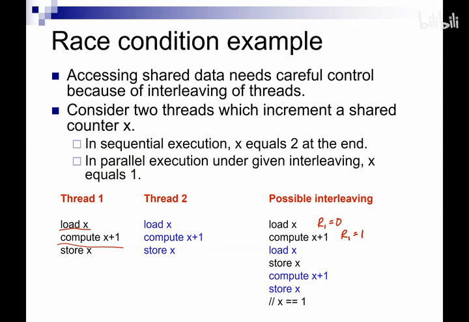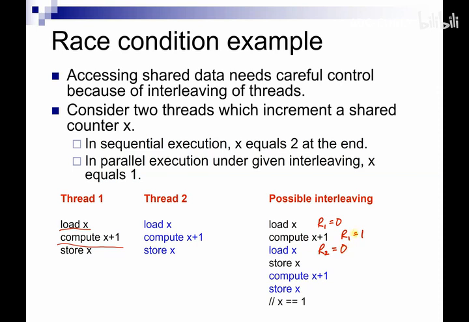Next, suppose thread 2 does its first operation. Thread 2 loads x into its register, R2. At this point x is still equal to 0 in memory, because what thread 1 has done is just increment the value of x in its own register. In memory, x is still 0. So when thread 2 loads x, it sets its register to be equal to 0.